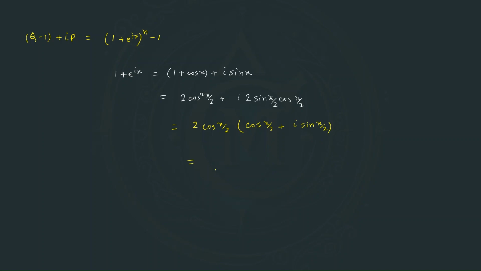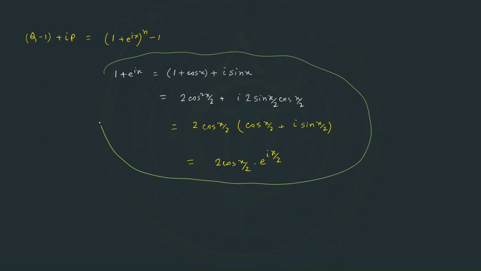So we can write this one as 2 cos x by 2 into e to the power iota x by 2. Now if we substitute this here, we will get this 1 plus e to the power ix, we can write as 2 cos x by 2 times e to the power i x by 2 whole to the power n minus 1.